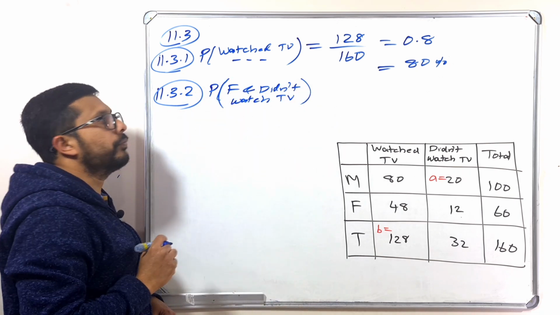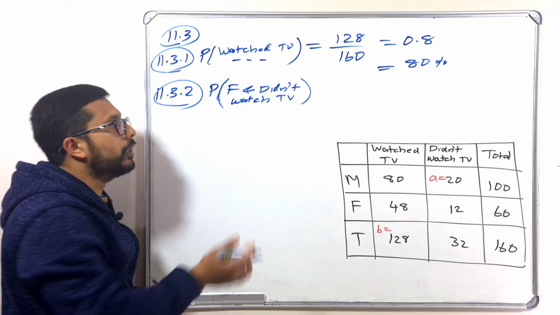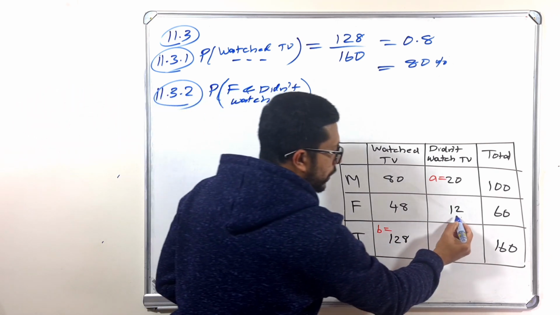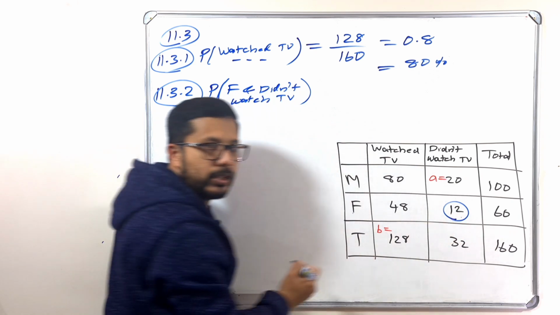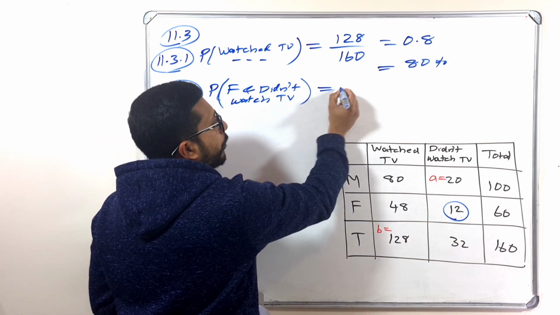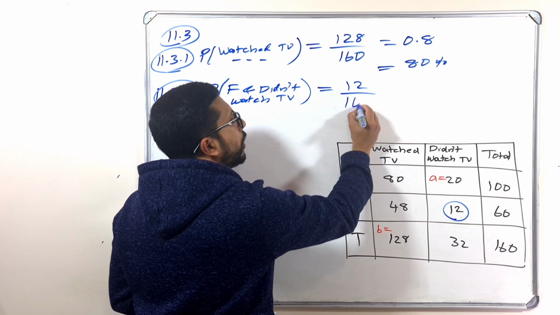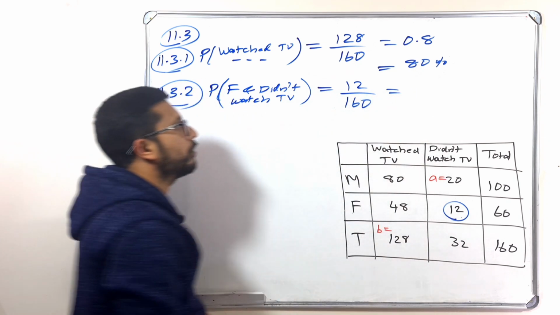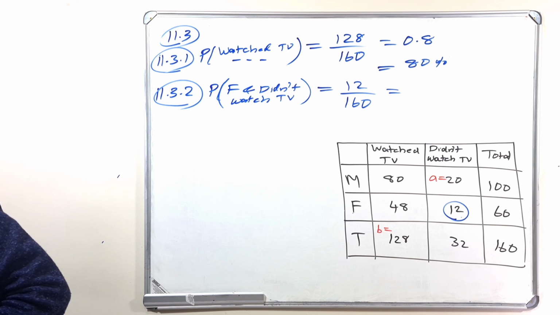How many are there? That means 12. So how can you write the probability? 12 divided by the total, which is 160. Check in your calculator what is the answer. 12 divided by 160.